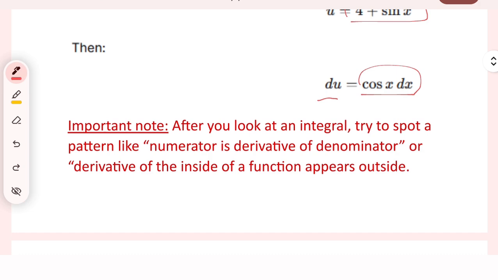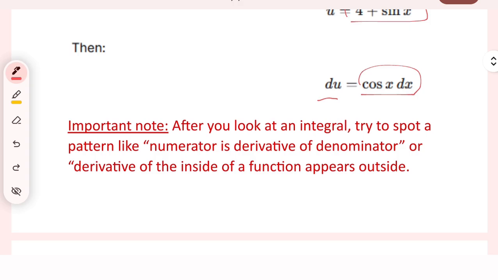After you look at the integral, try to spot a pattern, like the numerator being the derivative of the denominator. If you can see this pattern, then apply the substitution.